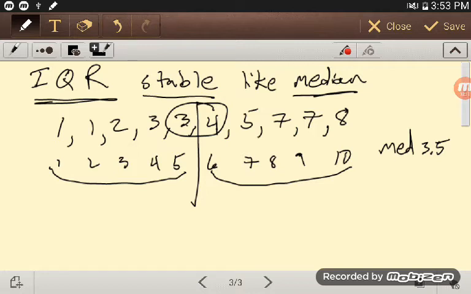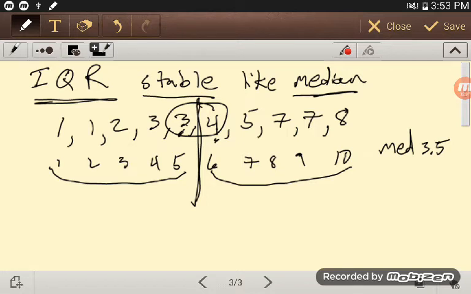Or, since this split the data definitely in half, I'm going to keep that 3 and that 4 in there to find my median of each side. But you see, it matters. It will change it slightly, most likely, at least for very small samples.